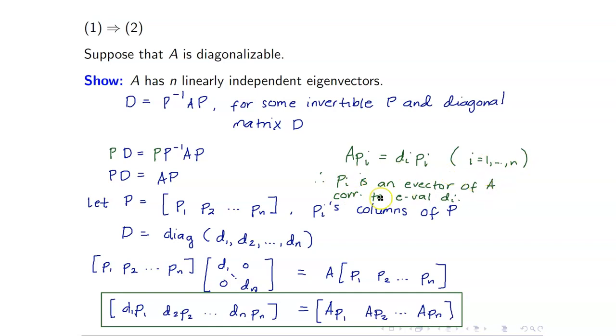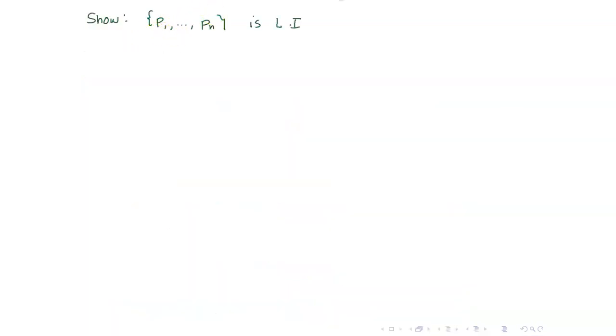We have now shown that we have n eigenvectors of A. But what we want to do is to show that they are linearly independent. Why are P1 up to Pn linearly independent? Now, since P is invertible, that means that the rank of P is equal to n.